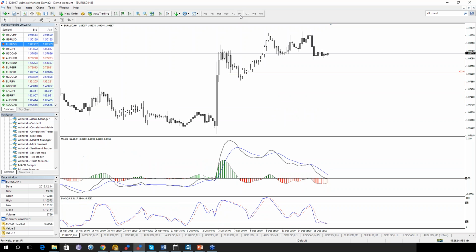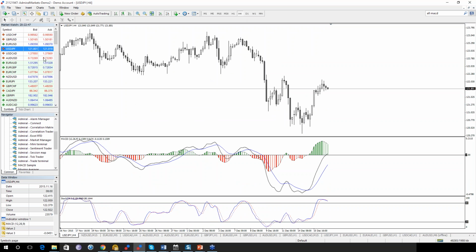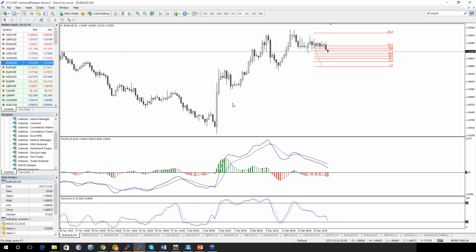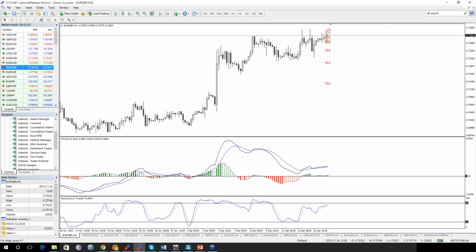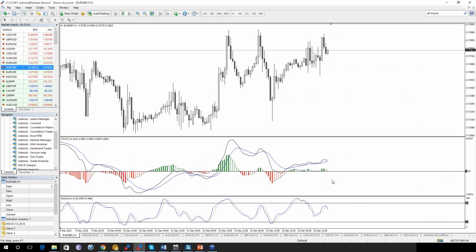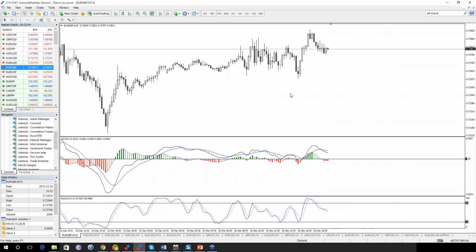Euro dollar. Okay, not clear. Dollar yen, not clear. What did we say? Aha, here. Okay, it's not. I want to see trend, and okay, yes, this one is good. Trend and momentum on the 4 hour time frame, trend and momentum on the 1 hour time frame. On the 15-minute time frame, trend, loss of momentum.